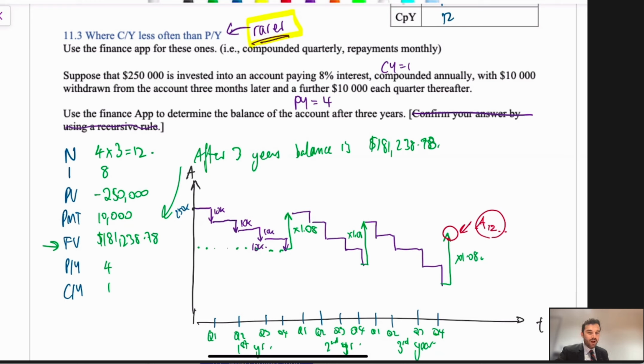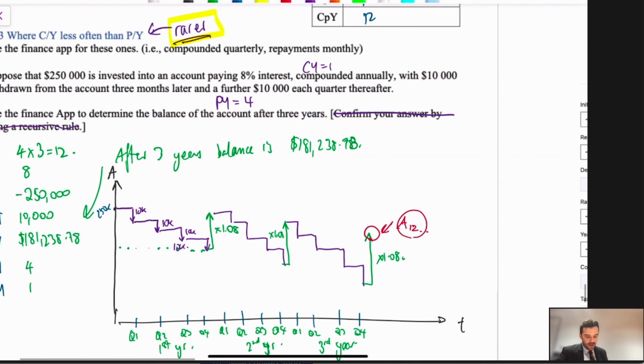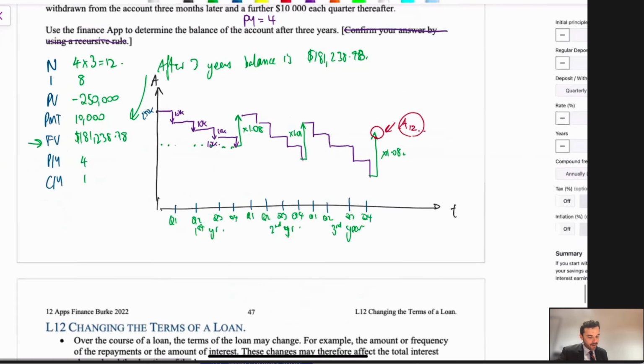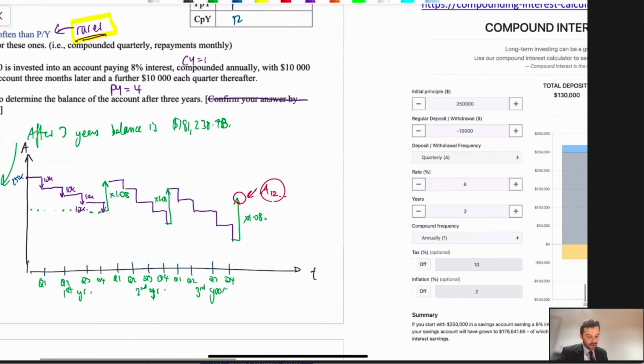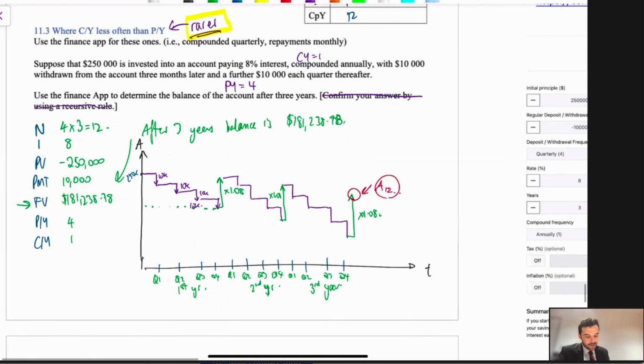So with this in mind, we could try to run this calc instead. Now how this calc's run is going to be something like this, and I made a bit of space for this one, so I might just clear out some space. So it goes like this. A0 starts off 250K. A1, right, and this is going to be the end of the first year, okay?